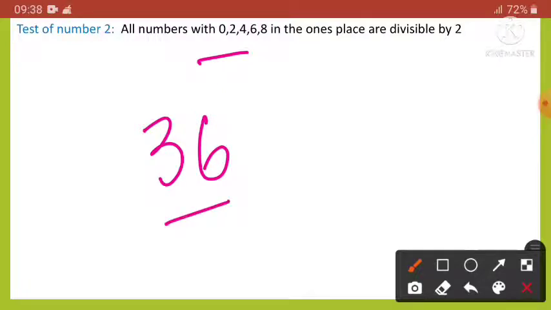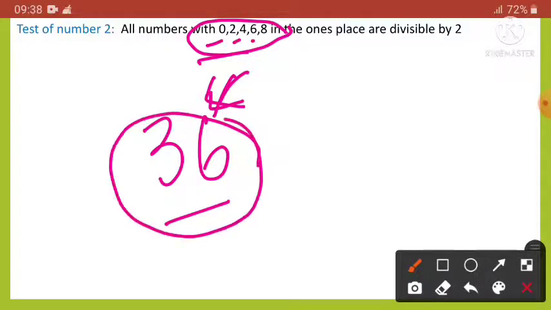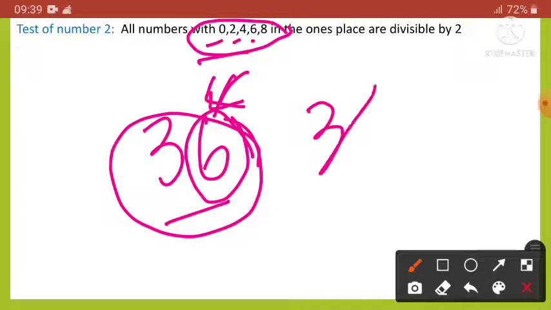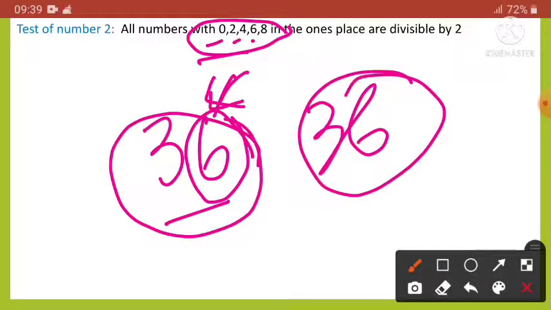Look at the ones place number, it is 6, and the rule says that if the ones place has 0, 2, 4, 6, 8, the whole number is divisible by 2. So as here the ones place is 6, we can say that 36 is divisible by 2. We don't need to divide the number, just checking the rule we can say that.